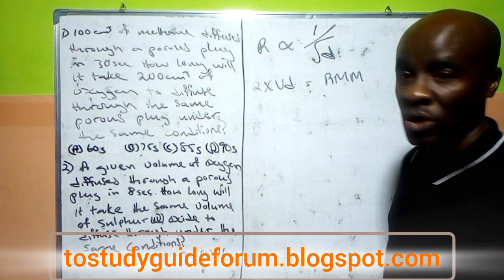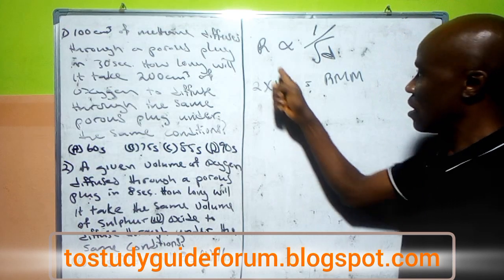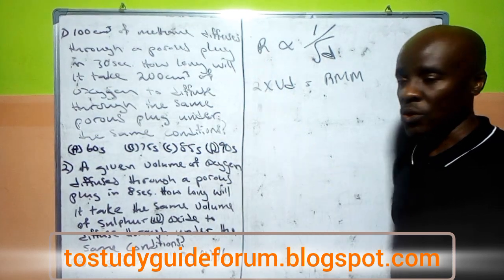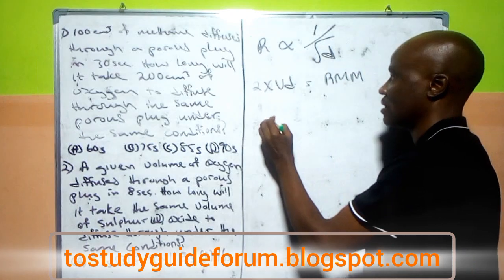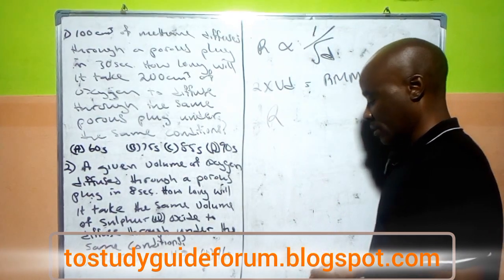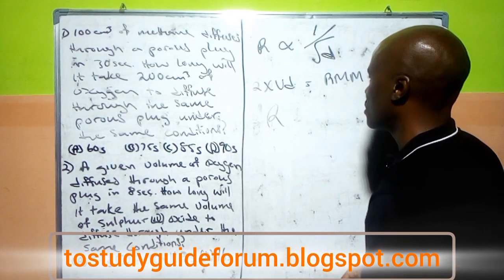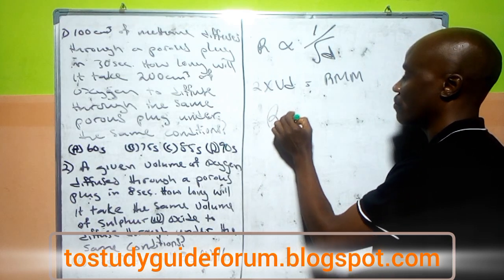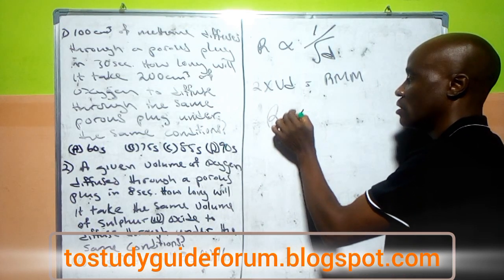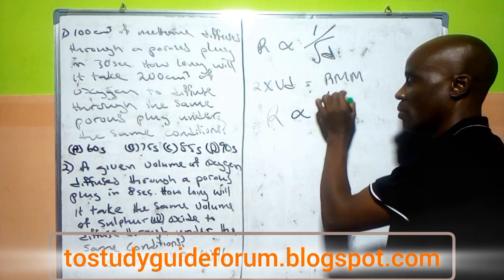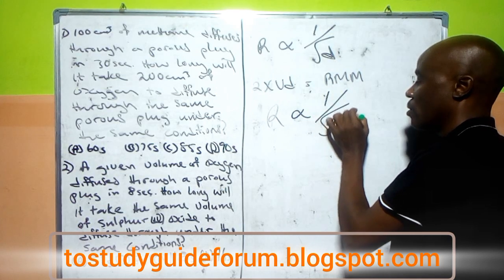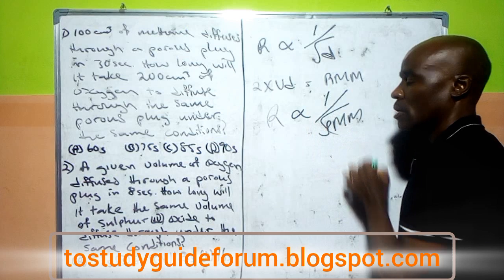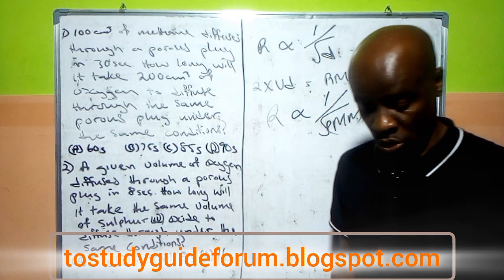In that case, we can also express rate of diffusion in terms of relative molecular mass: rate of diffusion is inversely proportional to the square root of relative molecular mass. That is what it also means.